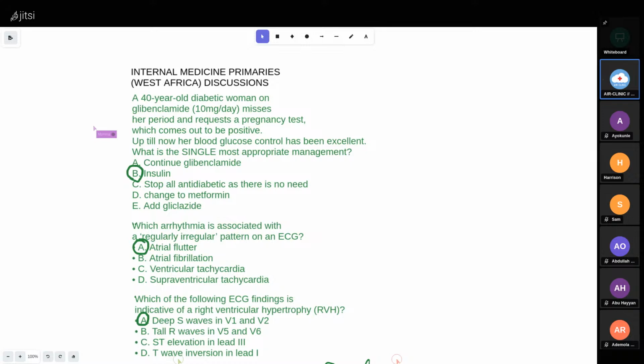It's going to have a small notch in the elevation, so that's why it's called the saddle elevation. Just a small notch on the top. So that's pericarditis.